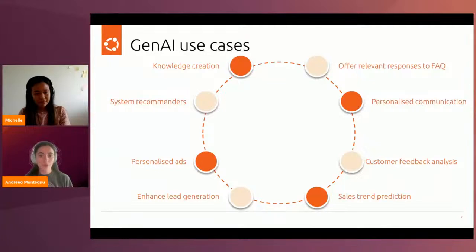But then also thinking about how you analyze the feedback that you receive from your customers, how you accelerate the response time on some of the common questions, and how you drive sales, whether we talk about sales trend predictions or enhancing lead generation. There are plenty of opportunities there. What is important to mention is that whereas Gen AI has a large palette of use cases, I would always encourage every stakeholder and organization not to trust it blindly, but rather to check it out before.